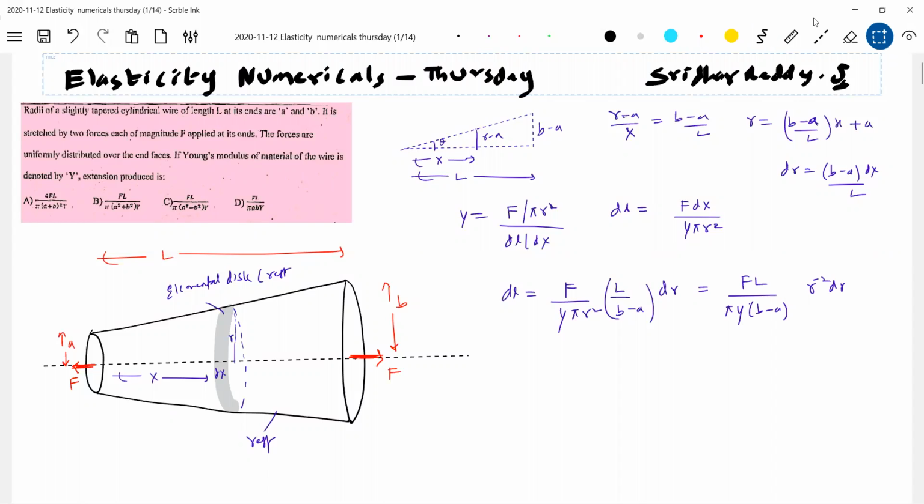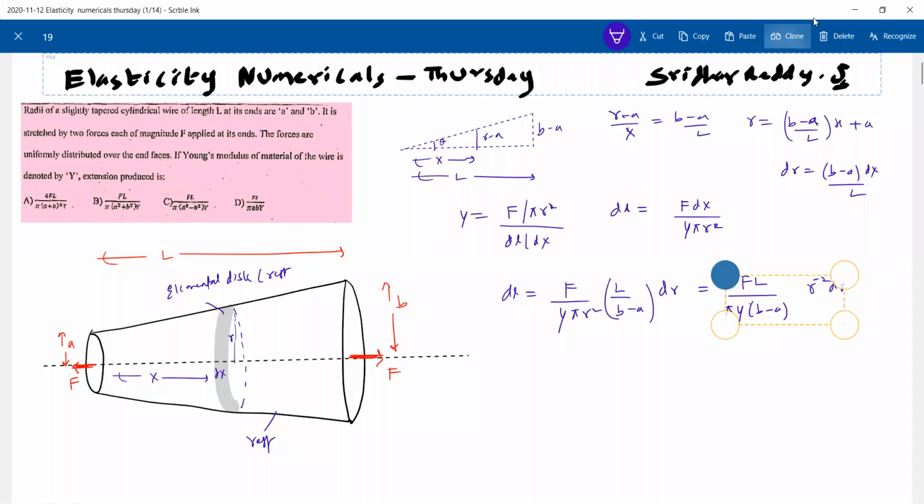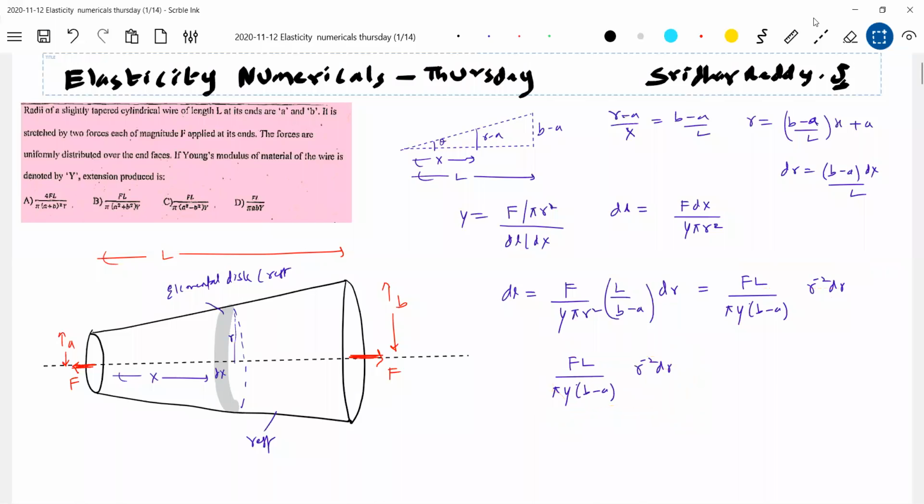Next step, I will write the integration. Now what should be the limit? Total elongation, let it be l. The value of R varies from A to B, no? This should be the limit.